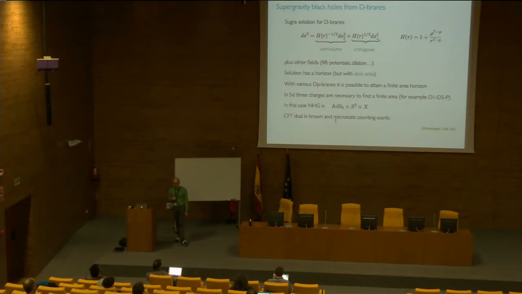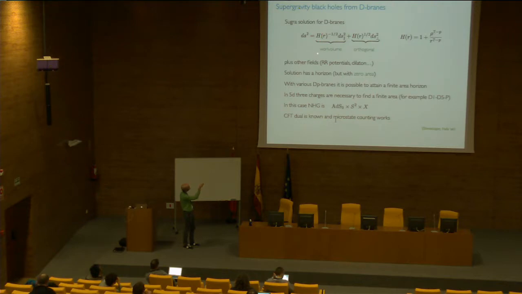Just to put this in more concrete details, I will talk about how supergravity black holes look. The general answer for D-branes, at least in supergravity, has a metric that has this form. So you have some coordinates that are parallel and orthogonal on the whole volume and transverse.